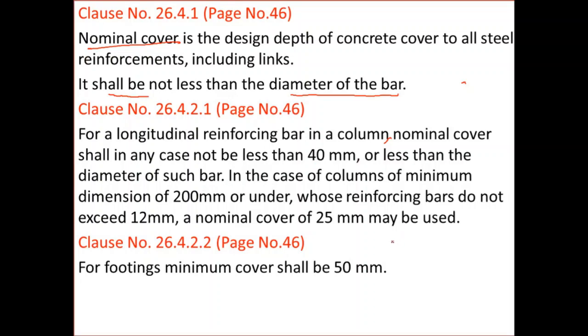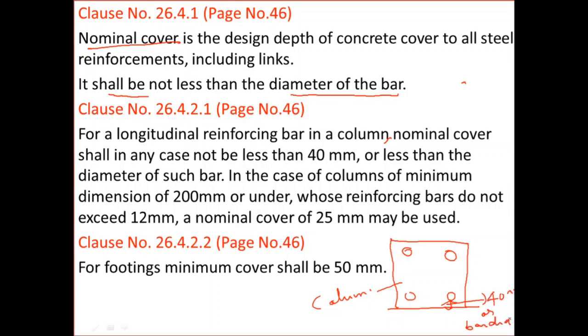Now suppose you see the column cross section, not the beam. Whatever the nominal cover is there, it should be minimum 40 mm or bar diameter. Of these two, whichever is maximum should be the minimum cover here.